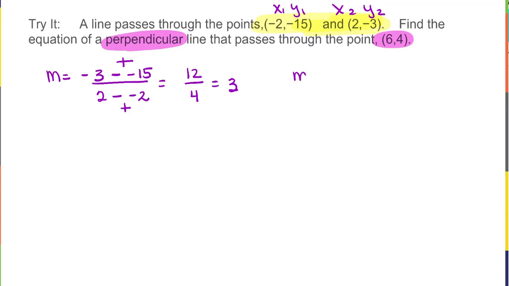So the slope of the perpendicular line would be the opposite, so negative reciprocal. So the reciprocal of 3 is 1/3. So the slope of the perpendicular line is negative 1/3, and it passes through 6, 4. So that's my x1 and y1 for the point slope formula. So here we go, point slope formula.